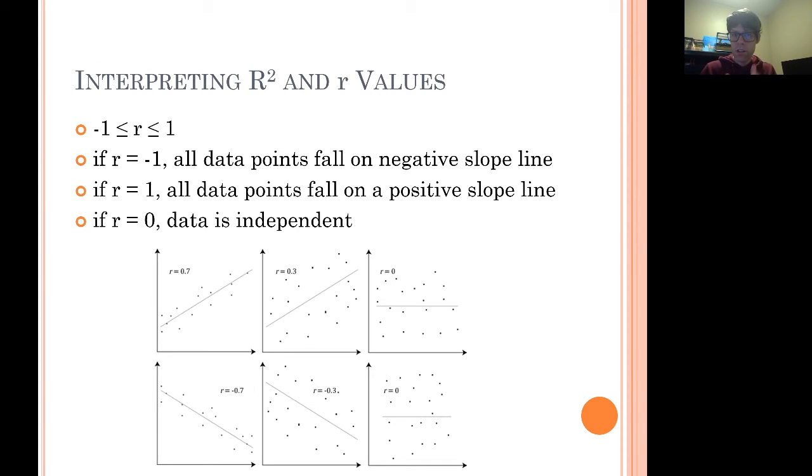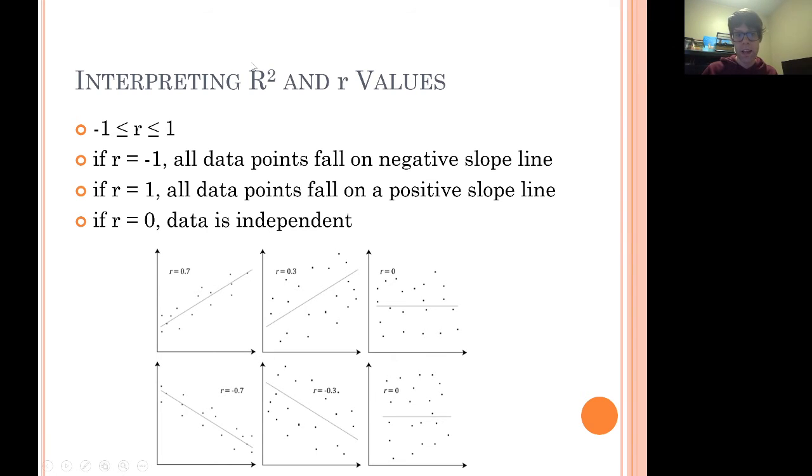But as r starts to get closer and closer to 1 or -1, then that tells me that the strength is a little bit stronger between the 2 variables that we're looking at. So as r gets closer to +1, the association between the variables gets closer in a positive kind of relationship. And as r gets closer to -1, I get a stronger relationship, but in a negative kind of way.